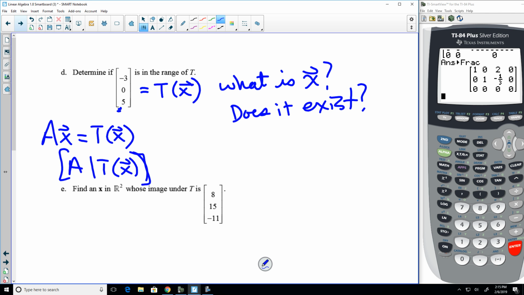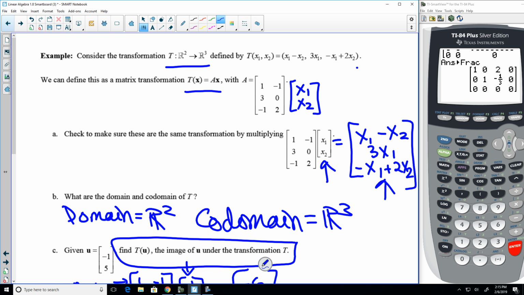So, but what if there's multiple, like the last example we did, it was 2 by 1, right? Are these multiples of each other? No. That means they're independent. Right. That means if you set it to 0, the only thing you're going to get is a 0 vector as a solution, but we're not setting it to 0. But we're doing 3 by 2 multiplied by 2 by 1, right?